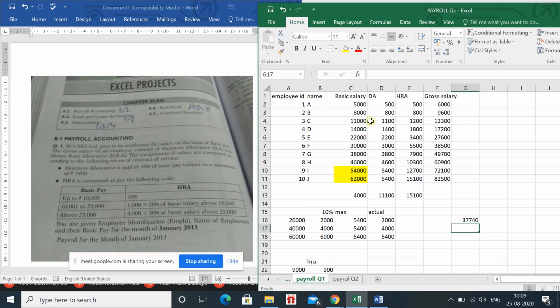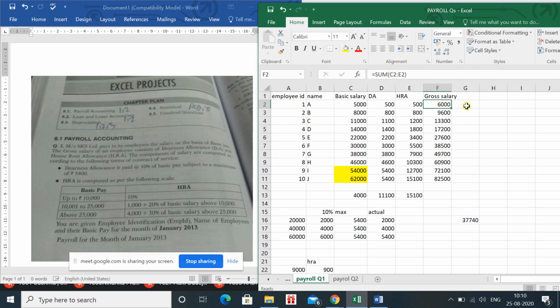Okay, now we are starting with the question. In the question you have to assume the employee ID, name of the employee and the basic salary. But for HRA and DA they have given the conditions which we have to apply. And for the gross salary we have just simply applied the sum formula.